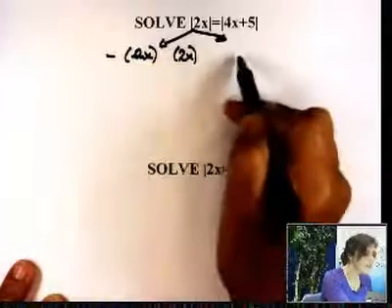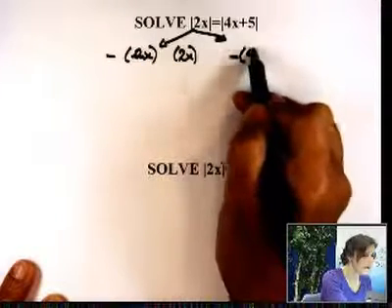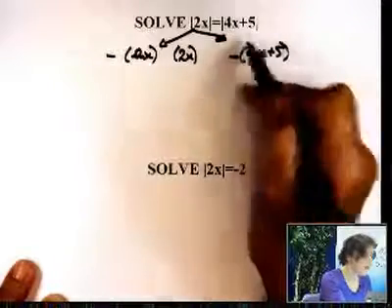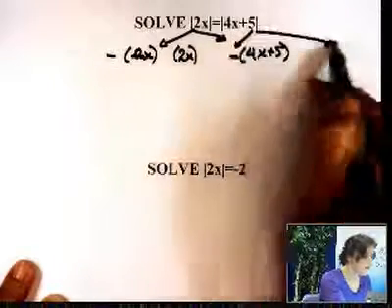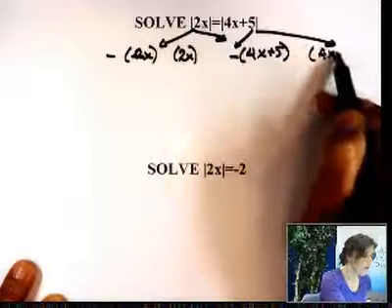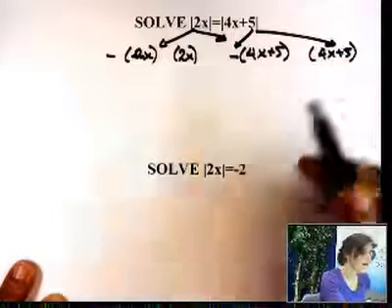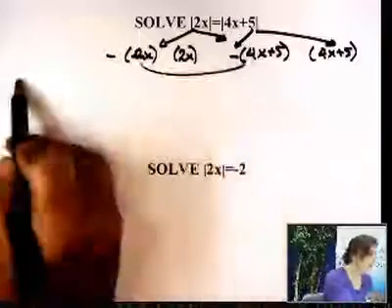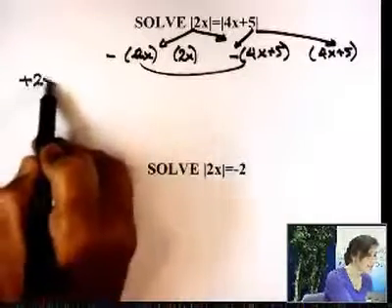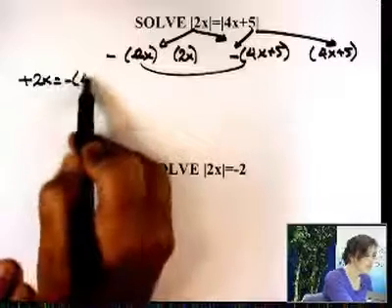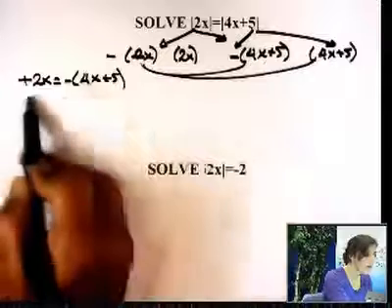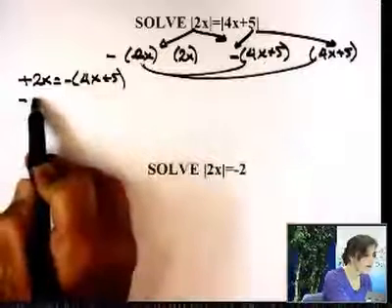And this one is going to be 4x plus 1 negative, or 4x plus 1 positive. So when I couple them up, I can couple these two up. I'm going to get positive 2x equals negative 4x plus 5. I'll couple these two, negative 2x.